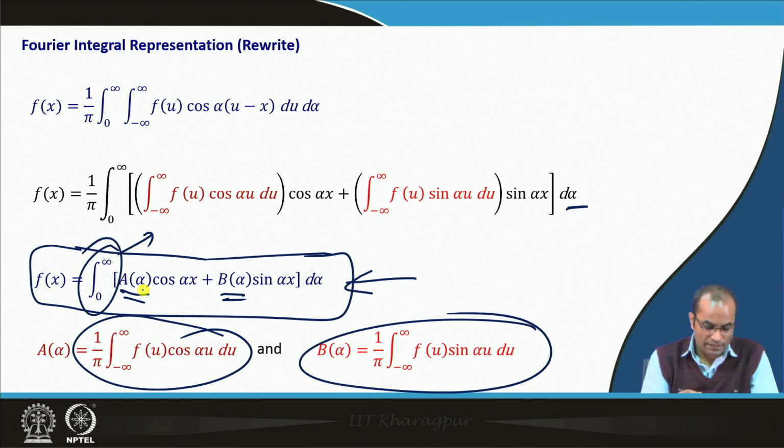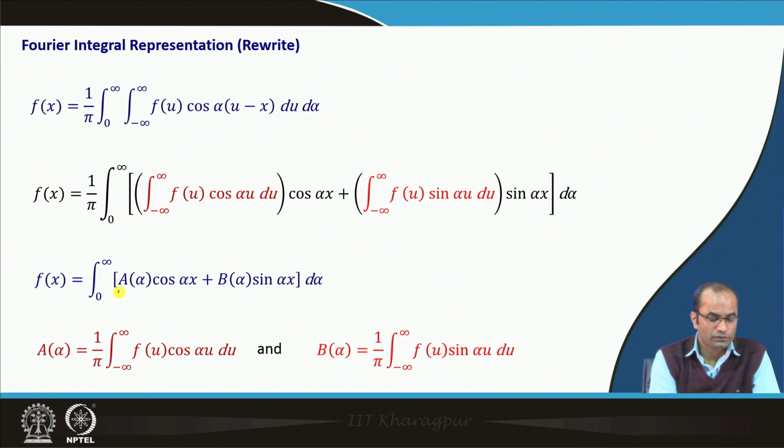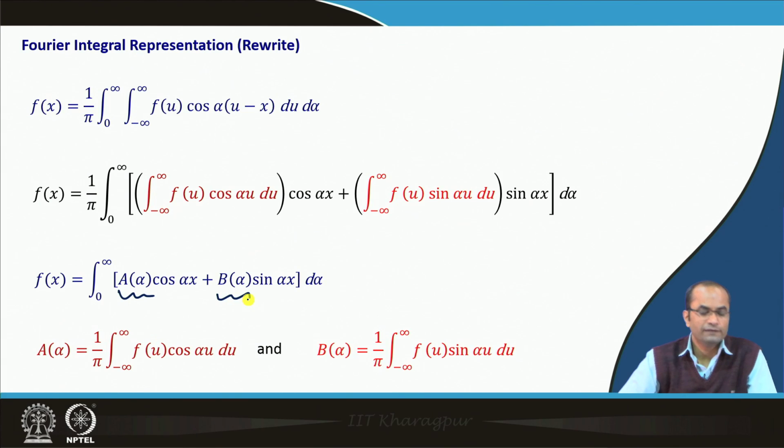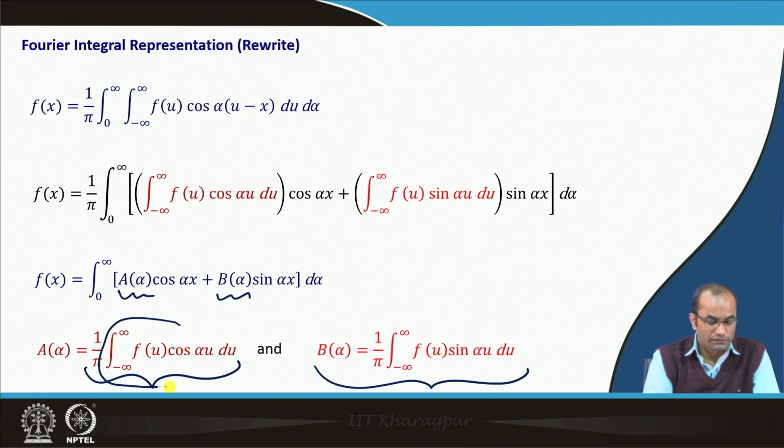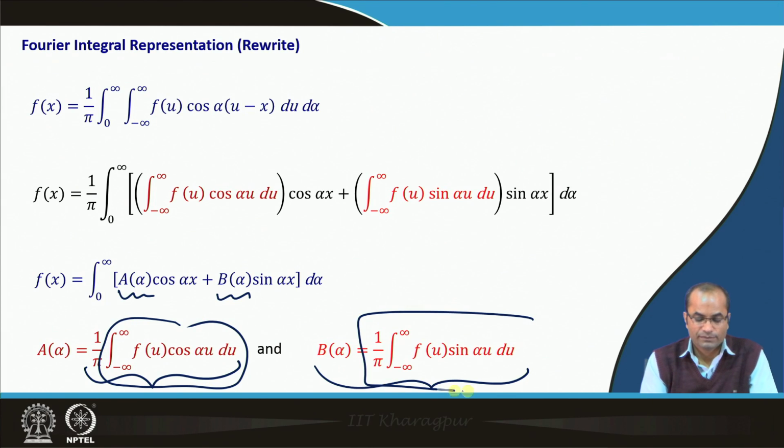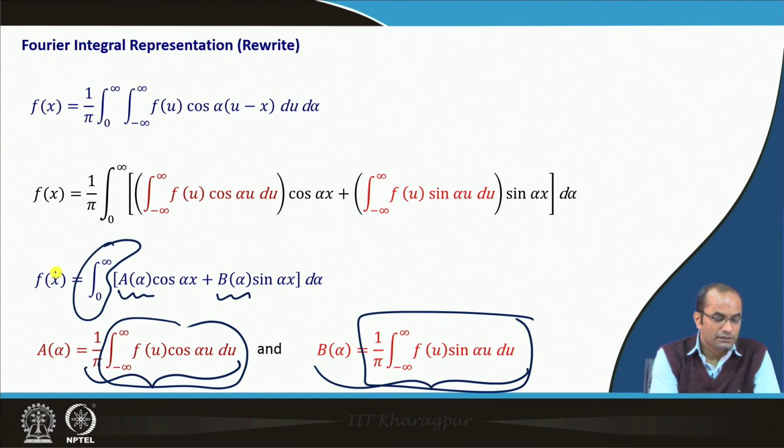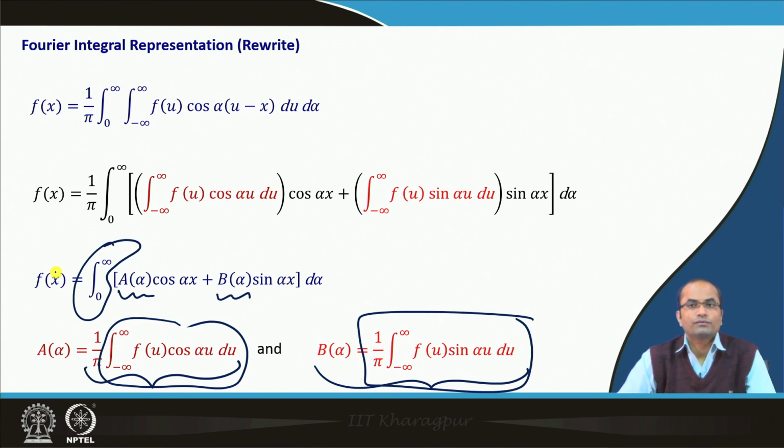In this case, instead of those Fourier coefficients, we have a and b, these coefficients which are again defined in terms of integrals, whereas earlier also a n and b n were defined in terms of integrals, but this summation for the Fourier series is replaced by this integral.